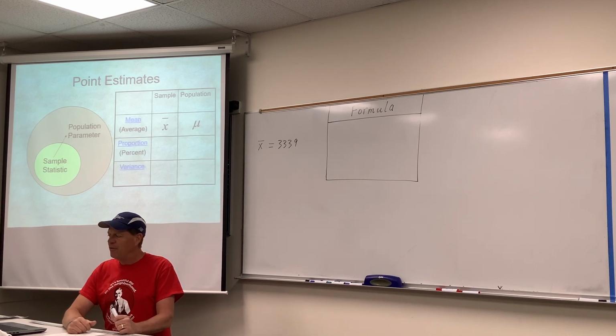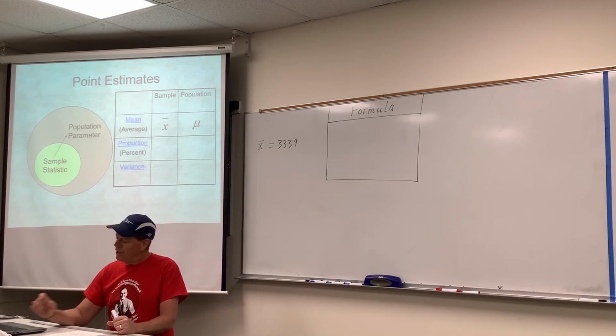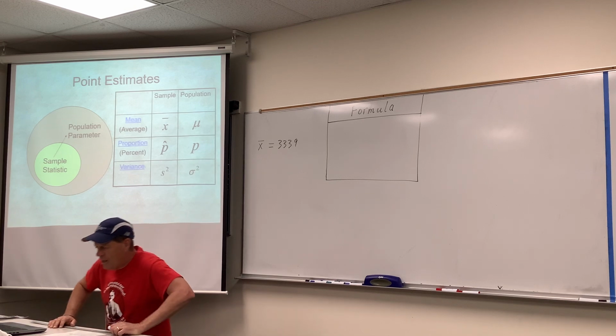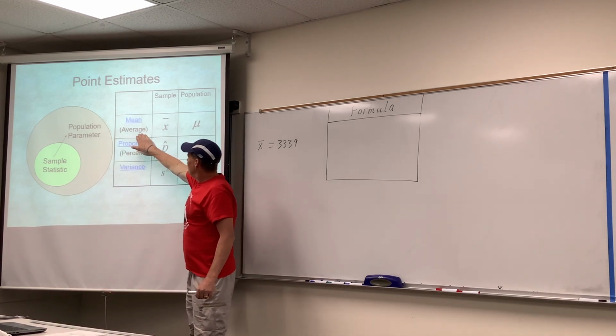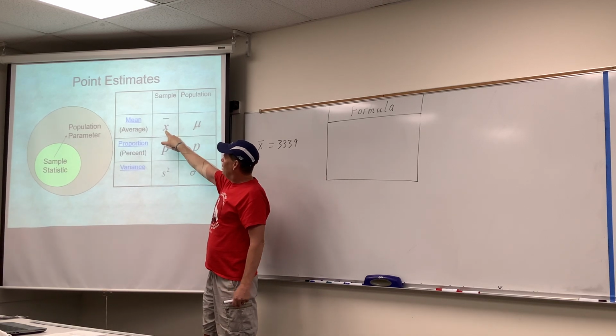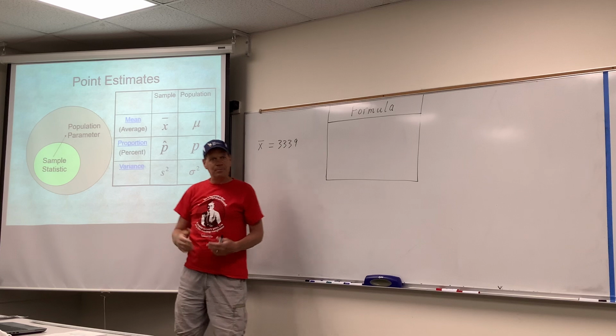And that's really the focus of this particular section. You know, in full context, we also did proportion on a previous assignment, and then variance could also be the characteristic we're measuring. But the point is, this whole series of examples will be estimating a population mean using the mean of a sample as a starting point.